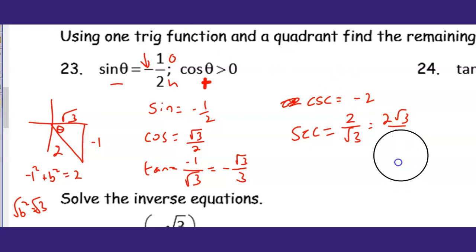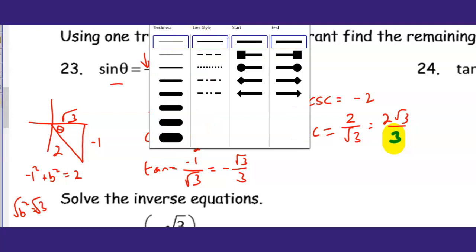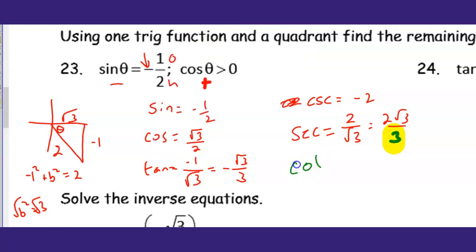I'm rushing, trying to get done, making this video early in the morning, guys, so I can go to work and teach you. Anyway, we got cotangent, which I can just flip this one, or adjacent over opposite, which is -square root of 3.